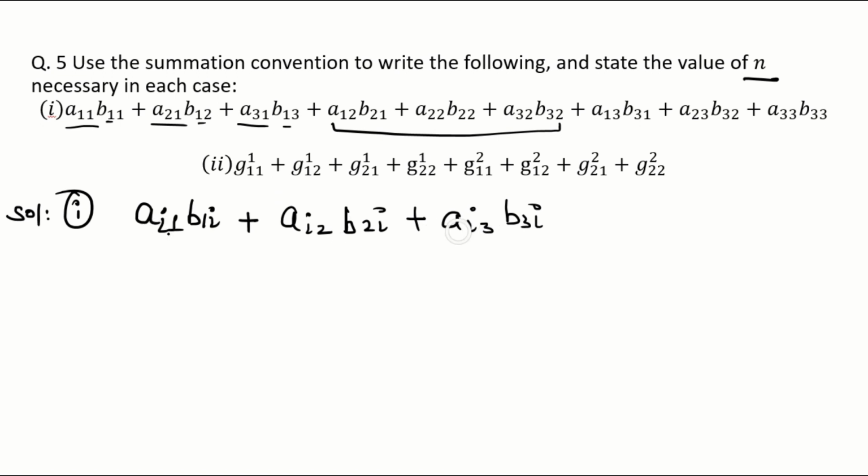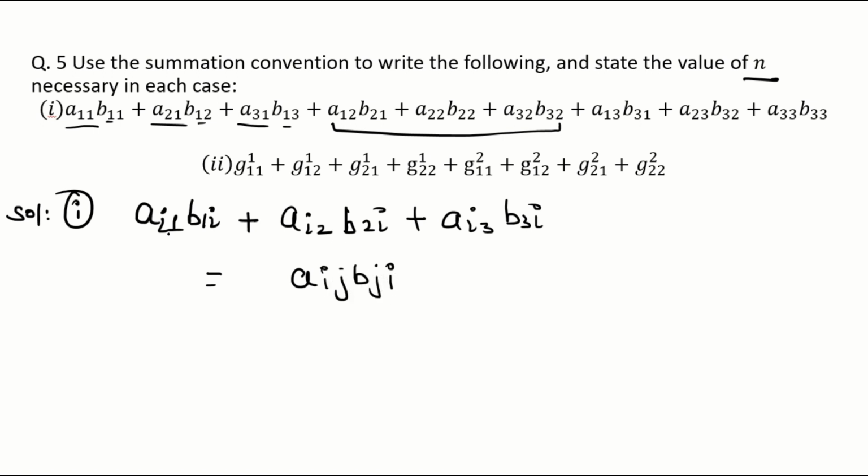So this is the expression. Now can we combine these three into one term? Here we have ai1 b1i, then ai2 b2i. Yes, we can combine them again as aij bji. Here j and i are both dummy indices, so there will be a sum over j and over i.